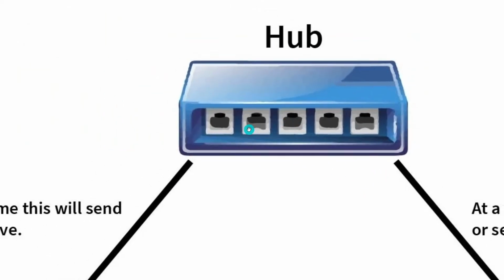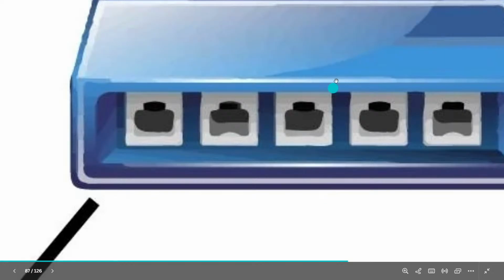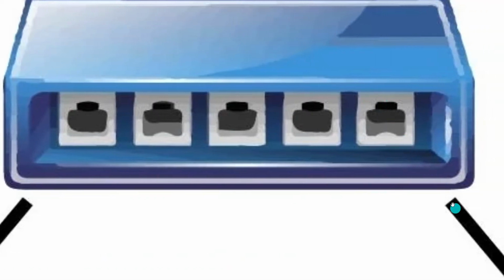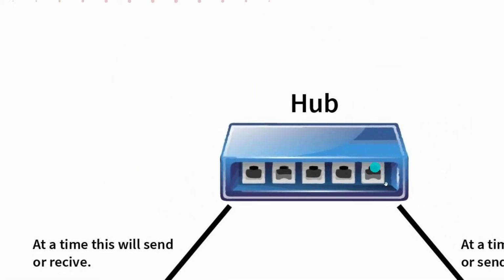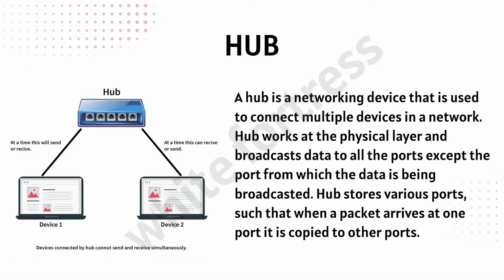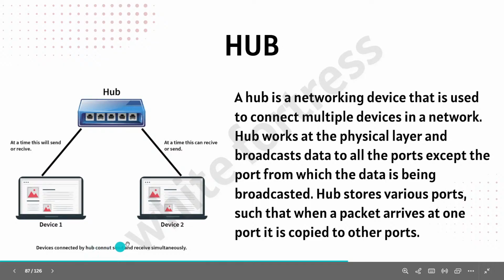Okay, but the devices connected to the other ports will drop the packet because it is clearly not for them. But when the data travels to this port, device 2 will receive it and accept the data packet. Devices connected by a hub cannot send and receive data simultaneously.